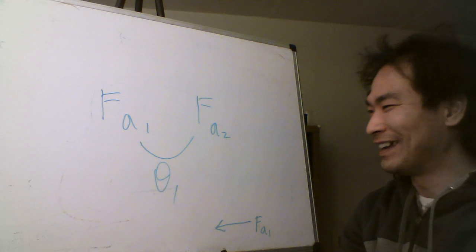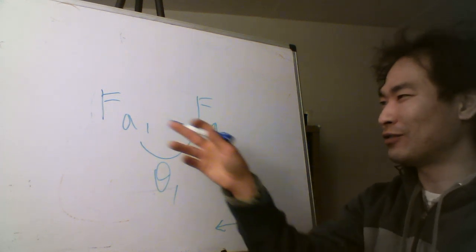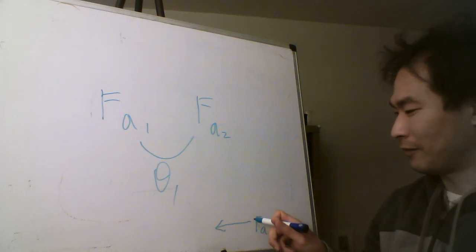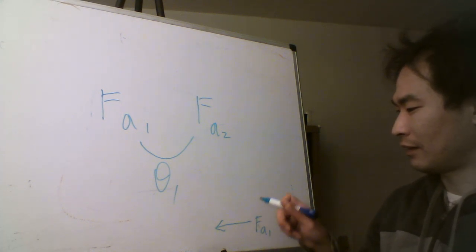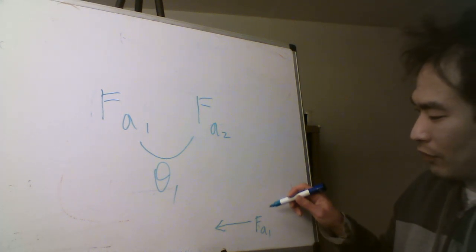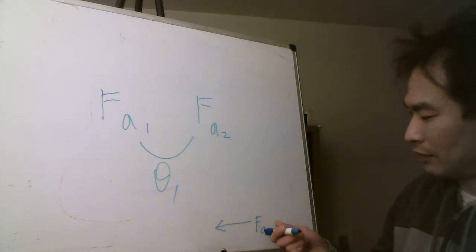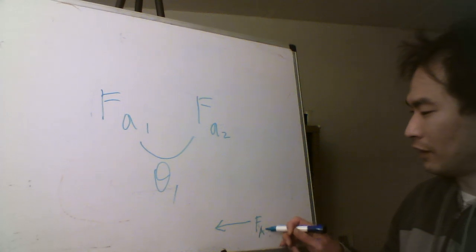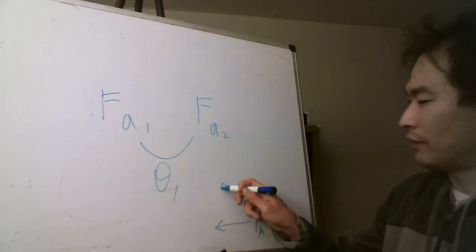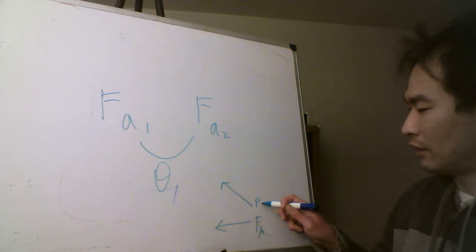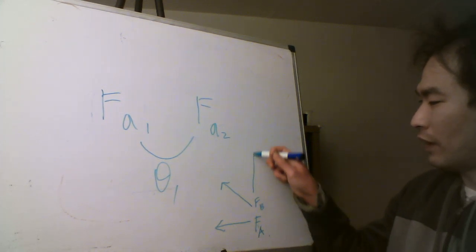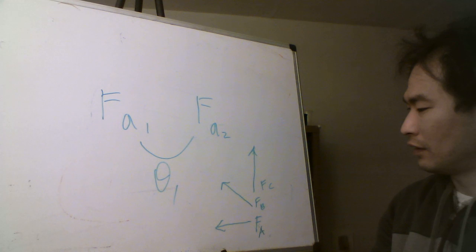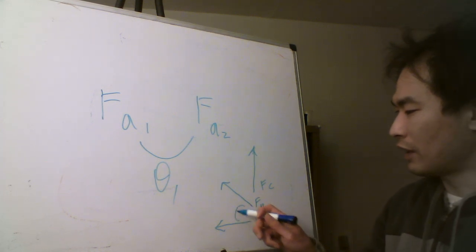So that's why we cannot use just 1 and 2. We call it F large A, and you have F large B, and F large C. Initially, that's theta 1.